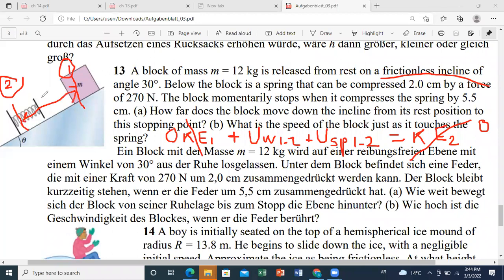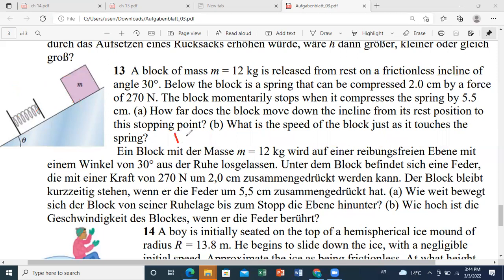Okay? To start with, the weight is doing a positive work. Why? Because I'm moving downward. Since I'm moving downward, the work of the weight will be positive. So the work of weight is plus mg.